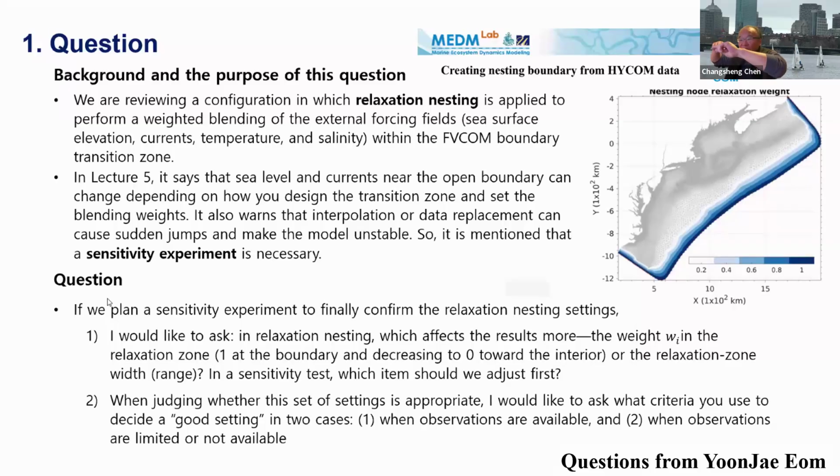As you go into the zone, the weight becomes smaller. Then inside the region, you fully use the local forcing. That's how we can make a transition from a different model into your local model without a numerical oscillation. But then the question comes out: how many layers do you need to choose? You need to do testing.